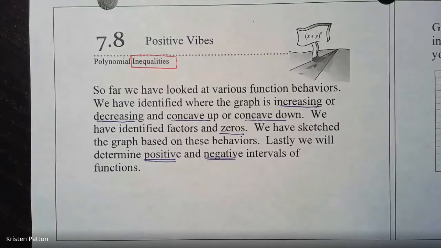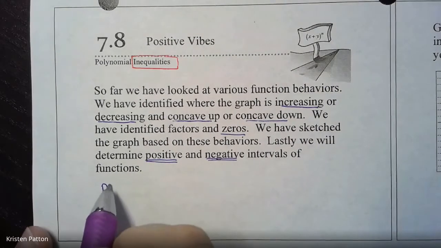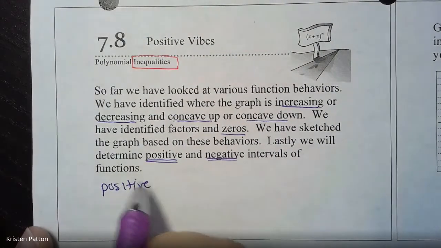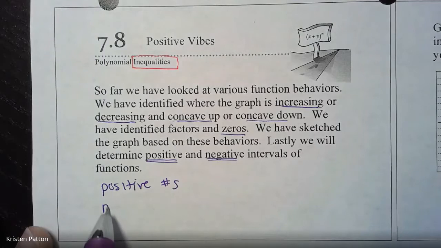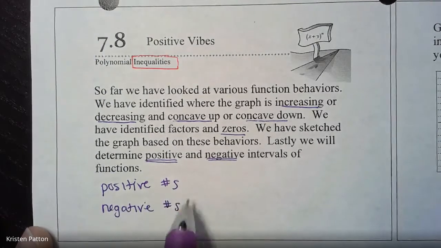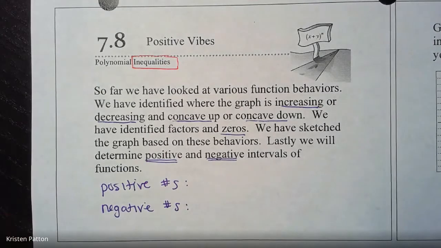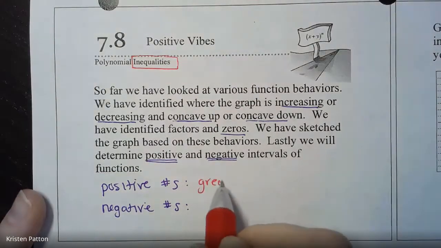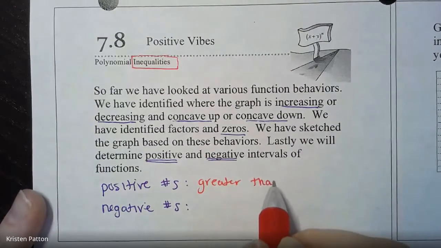But we're going to be looking at positive and negative intervals of functions. Okay, so just as a quick reminder, when we talk about positive numbers versus negative numbers, I'm not saying anything new here, right? Positive numbers are greater than 0.